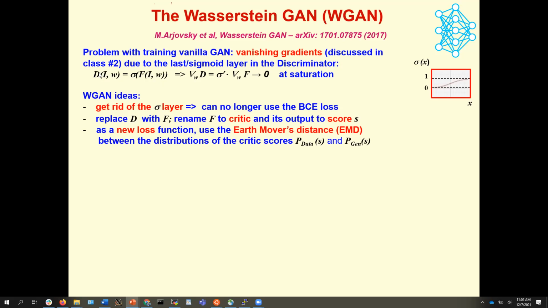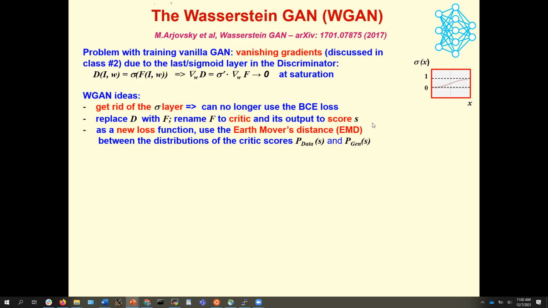The entire discriminator network before the last layer is designated F, and we replace D with F, and the remaining part is renamed critic. So it's no longer a discriminator, it's a critic. It will not output values between 0 and 1. It will output any values, positive or negative, theoretically. We call it a score. The critic outputs scores, S.